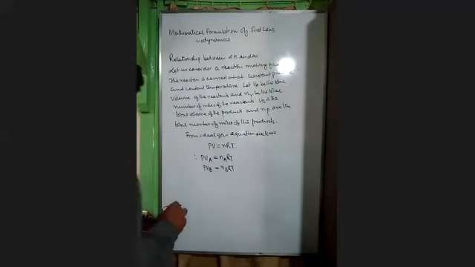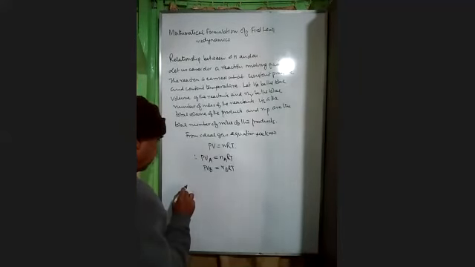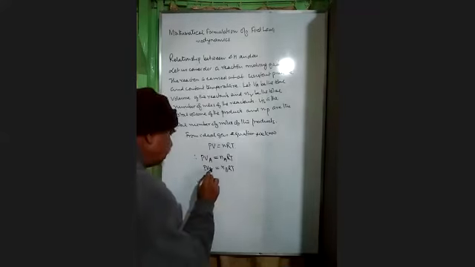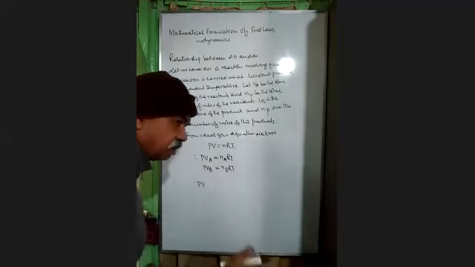So now we can write, this is the final and this is the initial. Products are always final.